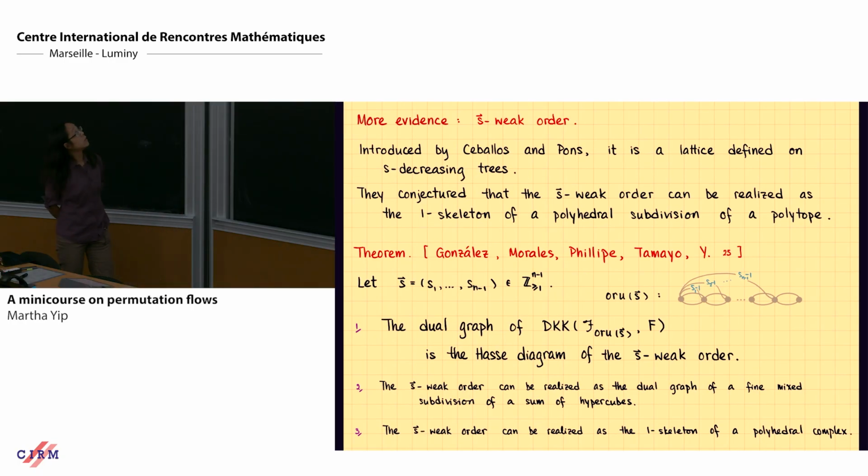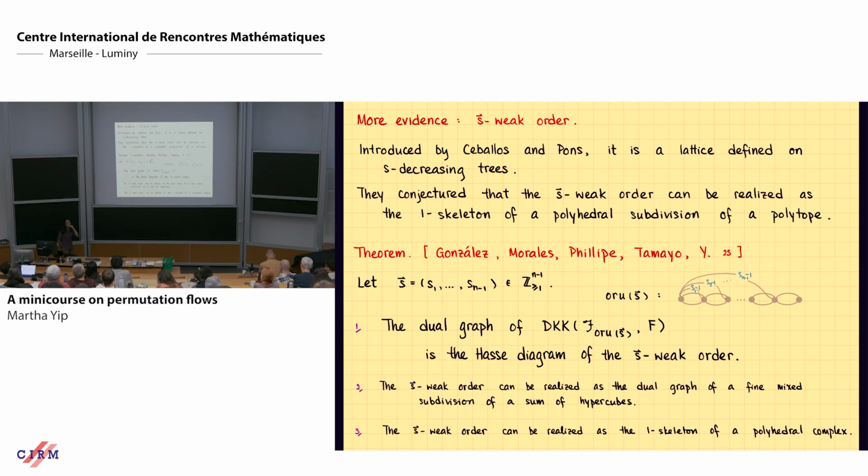A little bit more evidence. If you studied the associahedron and the Tamari lattice, a very natural thing to think about would be the weak order. And the s-weak order was introduced by Ceballos and Pons, which they defined as a lattice of s-decreasing trees. I forget, maybe you guys did increasing trees.